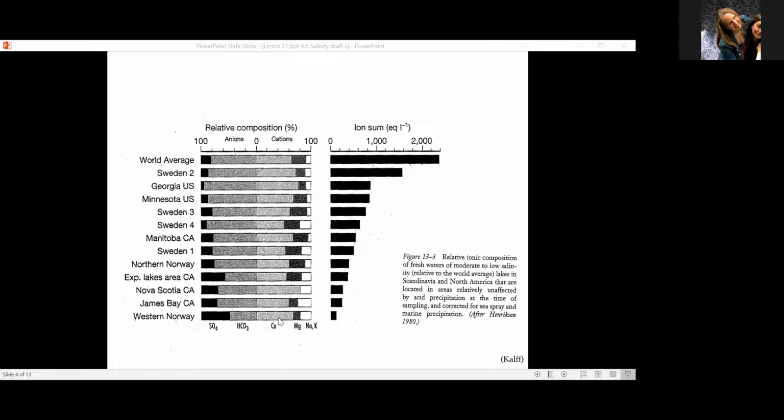Now it's typical to express salinity in terms of grams per liter, but some of the methods for measuring it just lump them all together and use their charge to measure them. Like, how well does it conduct electricity? The more ions in the water, the better it conducts electricity.